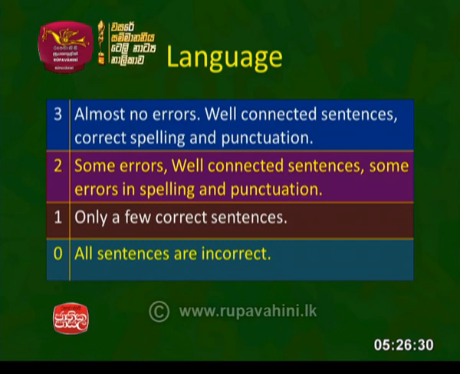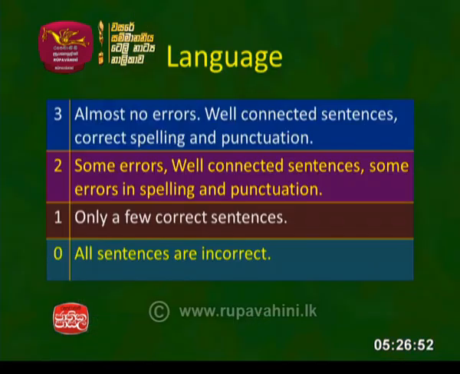If not, with some errors, සමහර පුංචි පුංචි වැරදිත් එක්කලා well connected sentences, some errors in spelling and punctuation. So if you have some errors in your spellings and in your punctuation, you will not get the full marks, you will get only 2 marks.